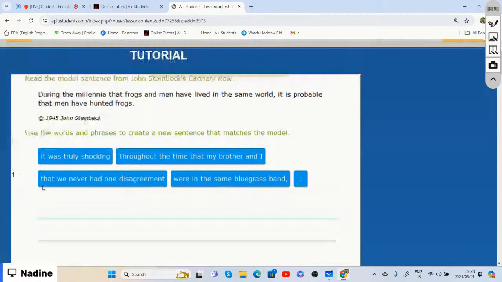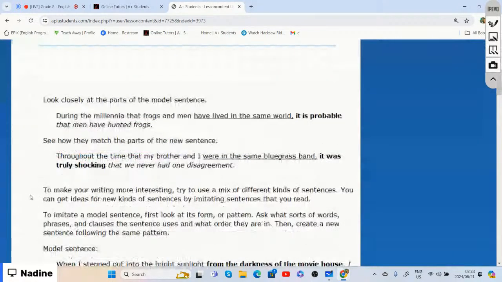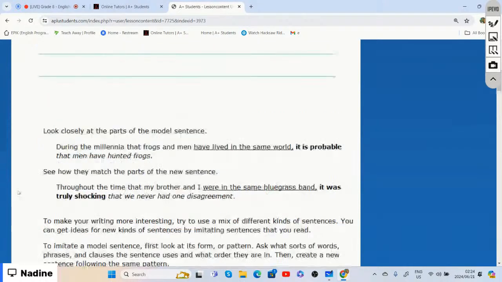And remember, in order to imitate a model sentence, look at the form, look at the pattern, look at how it is being used. We need to ask ourselves what sort of words, phrases, and clauses are in the sentence and what order they are in. Then we create our new sentence that follows that very same pattern.